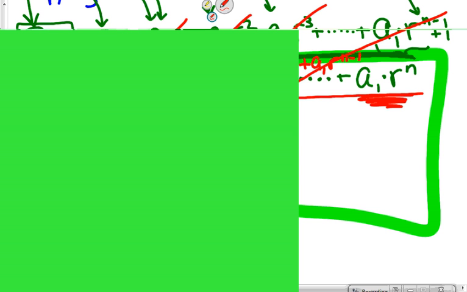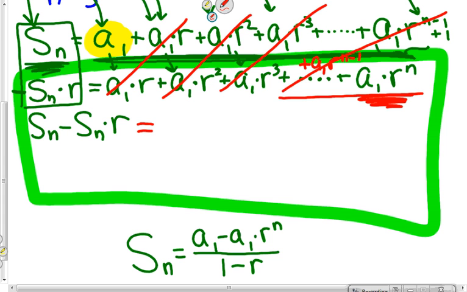Is A1 still here? Did A1 cancel with anyone? Is A1 crossed out? No. So A1 is still standing. Everybody else got canceled, except minus A1R to the n.